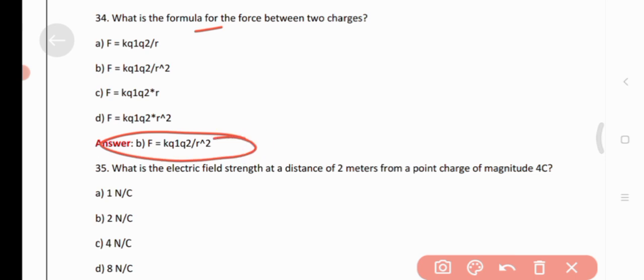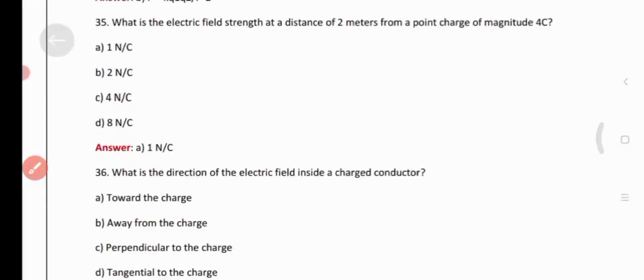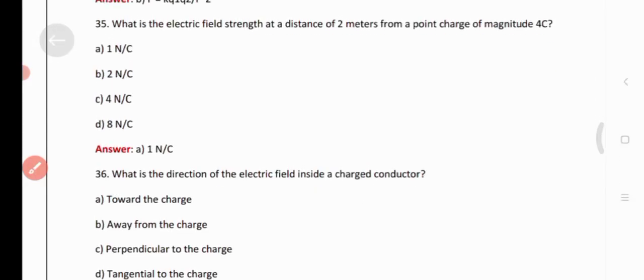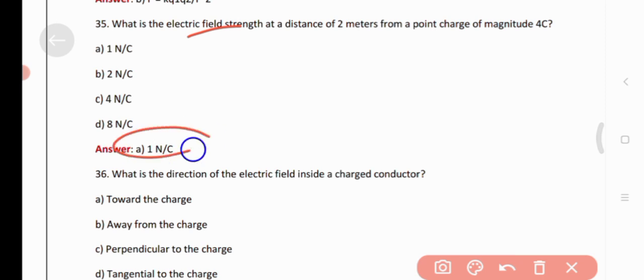Option B, F equal to KQ1Q2 by R squared. What is the electric field strength at a distance of 2 meters from a point charge of magnitude 4C? Option A, 1 N by C.